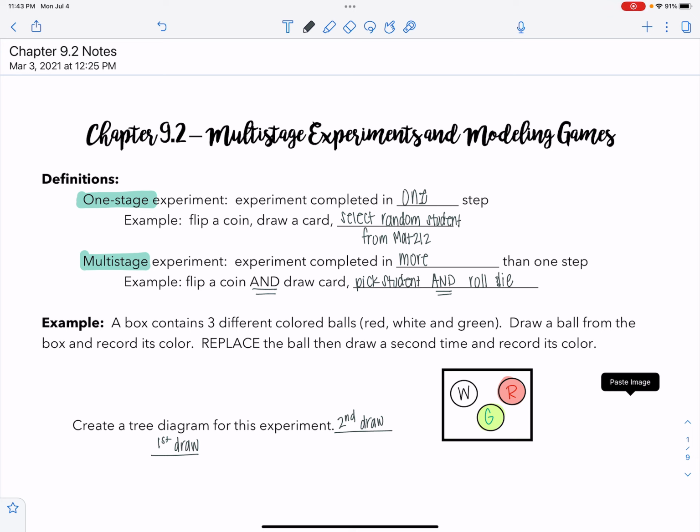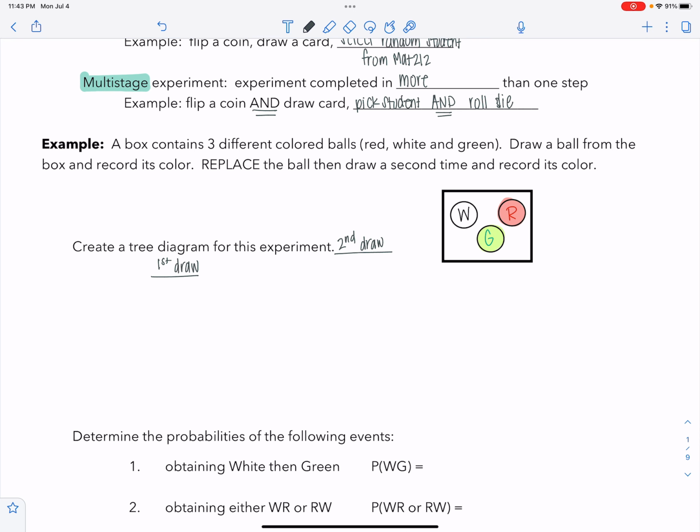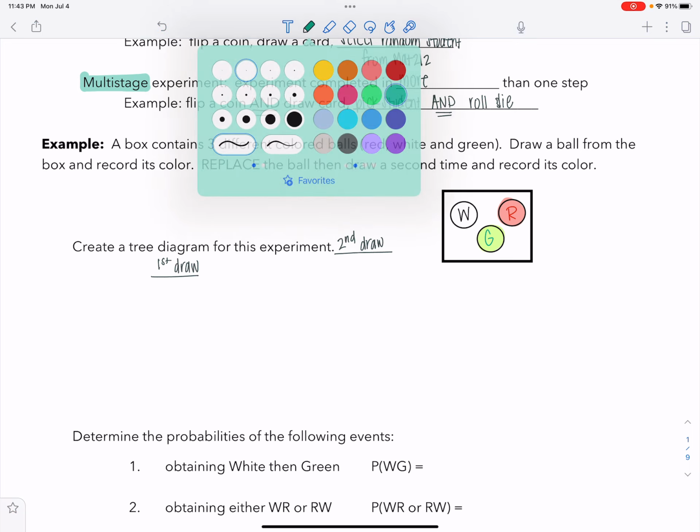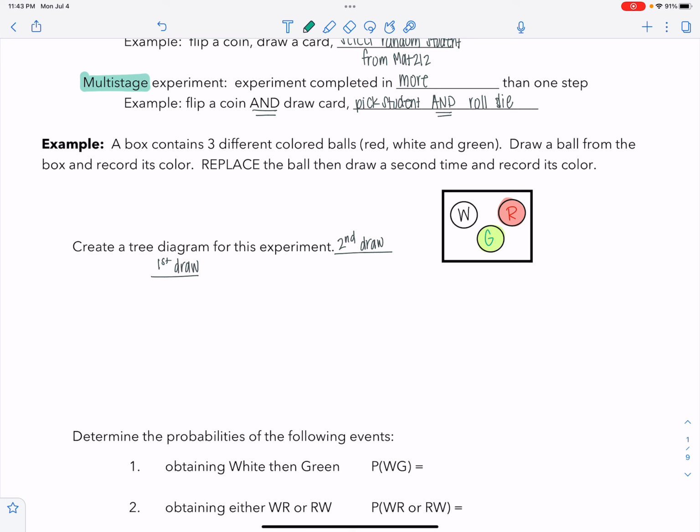The first thing it asks me to do is create a tree diagram. We mentioned this back in 9.1, and now we're going to actually start doing some examples with tree diagrams. I've got 2 draws. On the first draw, the possible ball colors are white, green, or red.